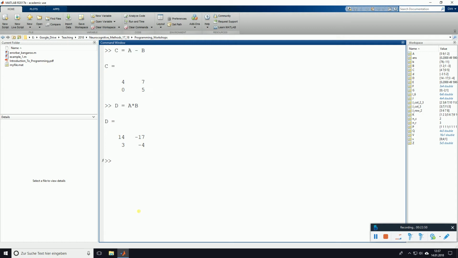And of course, this applies also to larger matrices, as long as it's all of the correct size. So let's look at this matrix. This is a 2 by 3 matrix, and then let's look at another matrix.